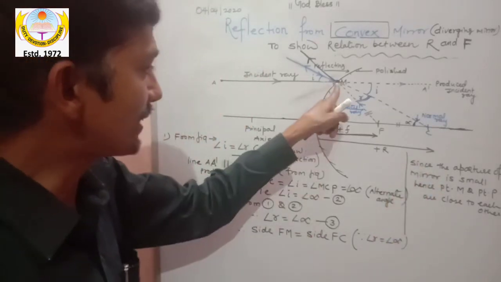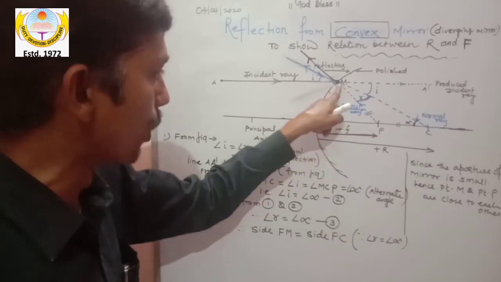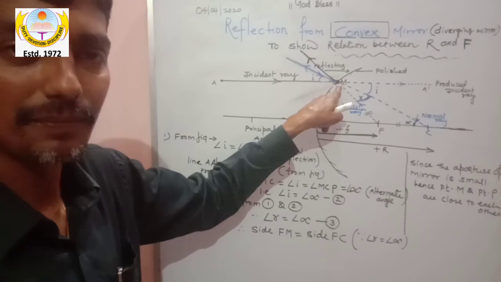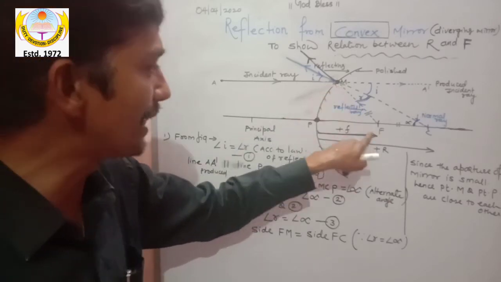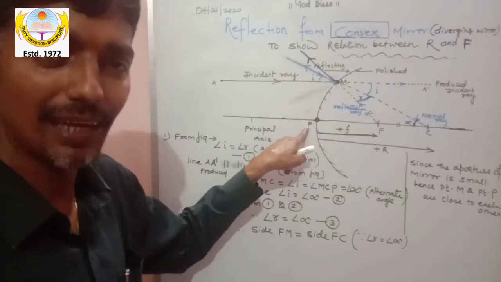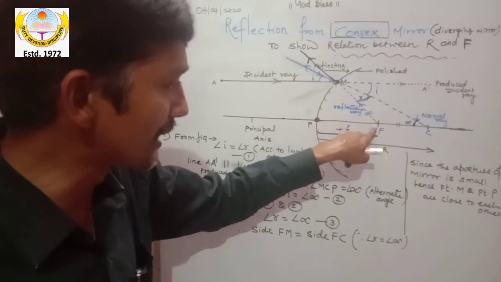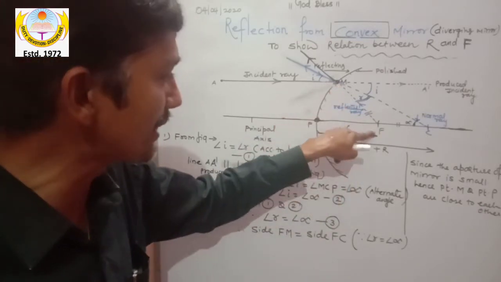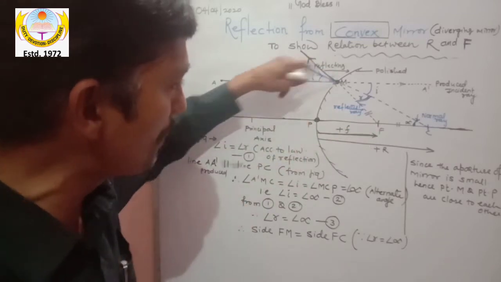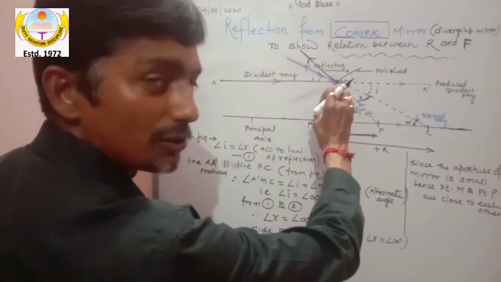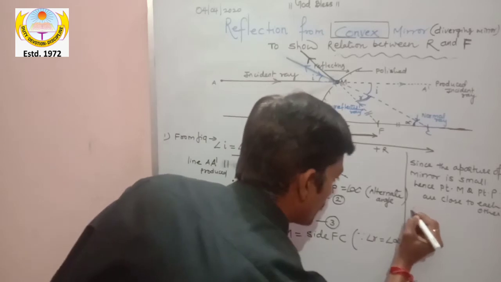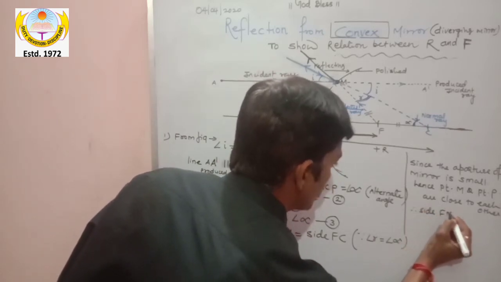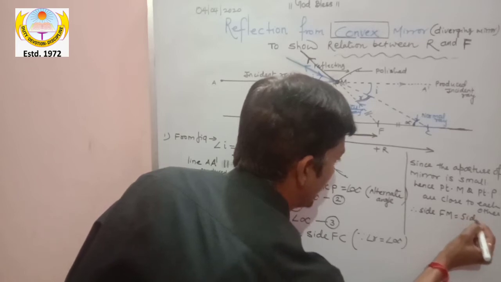So if M and P are close, then the distance from F to M will be the same as the distance from F to P. I'll repeat, whatever the distance is from F to M, the same will be the distance from F to P, because M and P are very close. So therefore, side FM is equal to side FP.